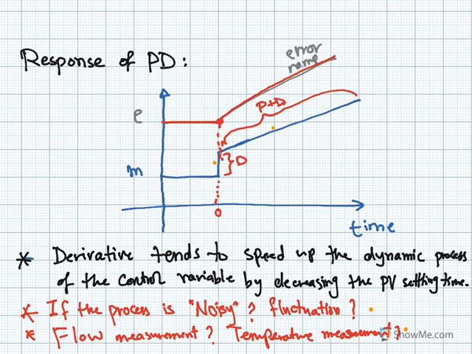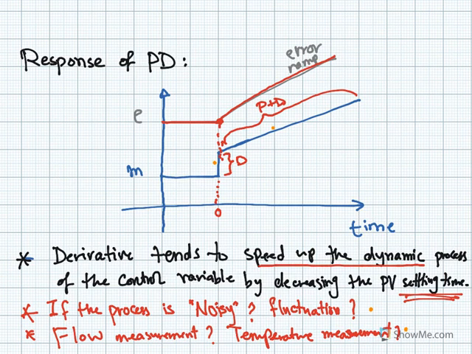The derivative controller mode tends to speed up the dynamics of the controlled variable by decreasing the process variable settling time. As we said, it will speed up the process variable in order to get it equal to the set point in a short time. The settling time, as you remember, is when it is within 5% of the set point.